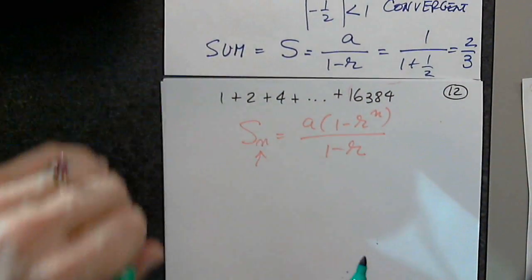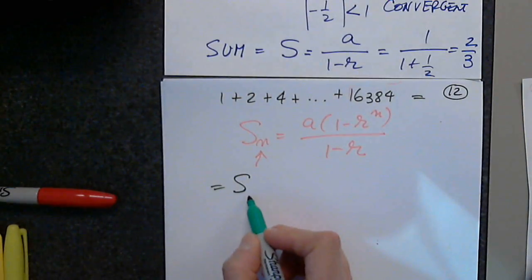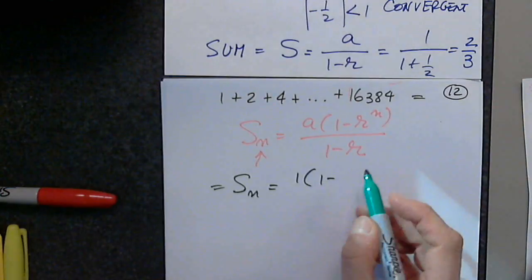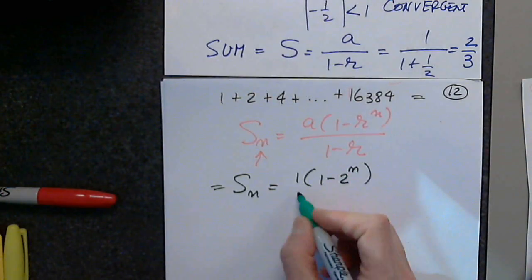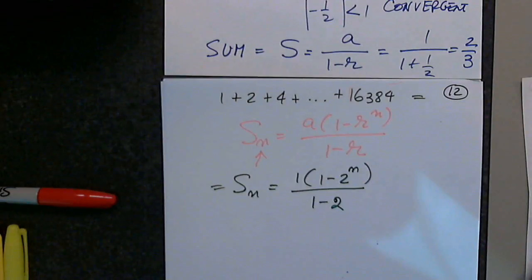So this is definitely S sub n, which is 1 minus the common ratio to the nth power over 1 minus 2. If this were a geometric series, I would have said not convergent. I cannot even determine its sum because the common ratio in absolute value is not less than 1, but more than 1. But I can determine the sum of a geometric sequence as long as it's finite, right?